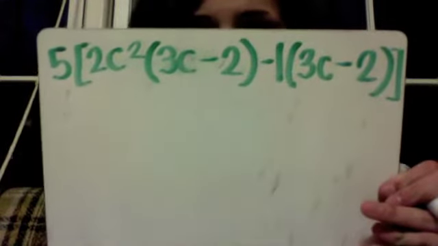And it will look like this. This leaves us with 5 on the outside, and in parentheses, 3c minus 2, also in parentheses, 2c squared minus 1. This is the final answer, and it will look like this.